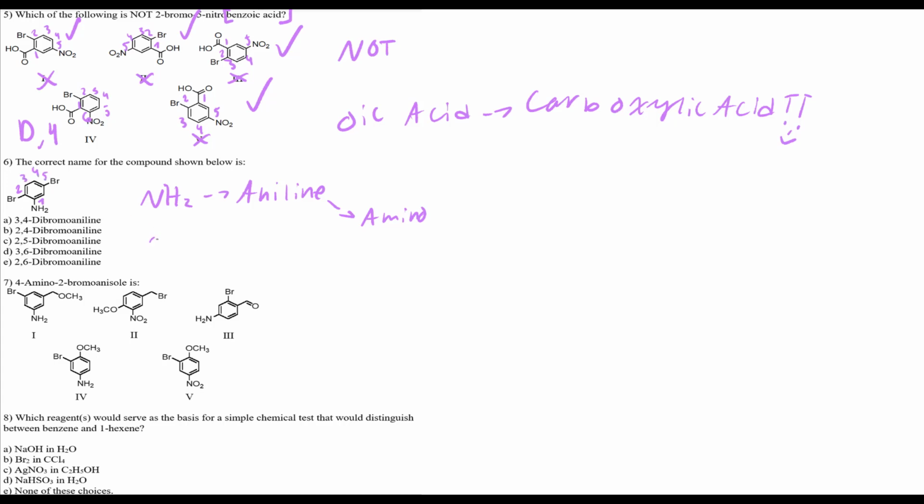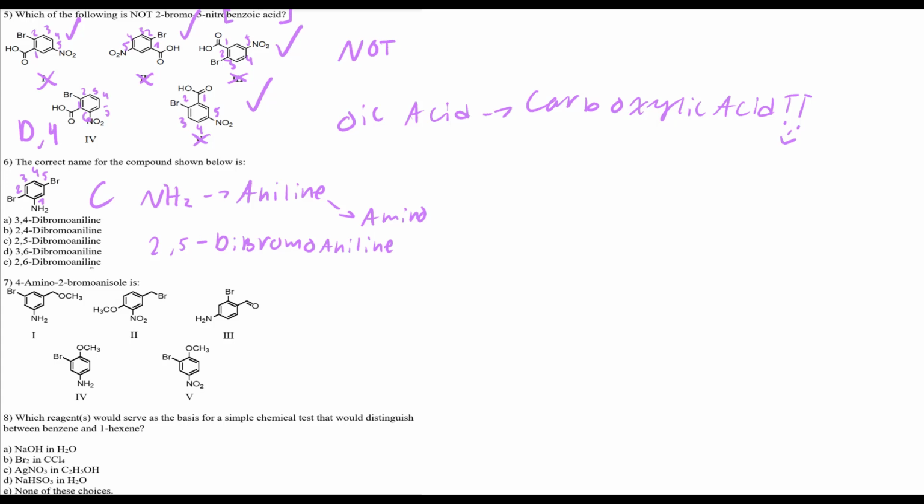I have 2, 5, and I have 2 bromines, so that's dibromo, and we don't say benzene. Instead, we're going to say aniline. Is that an answer choice? Yeah, it's answer choice C. So we have 2,5-dibromoaniline, which is answer choice C.